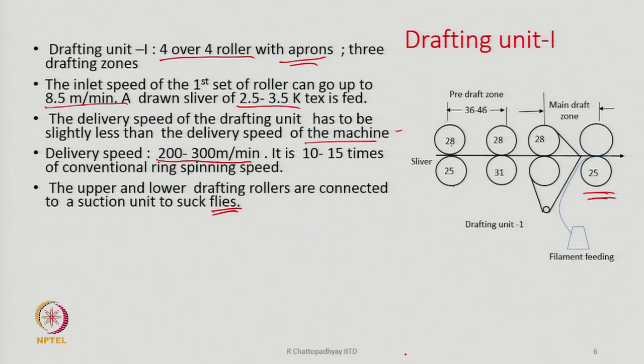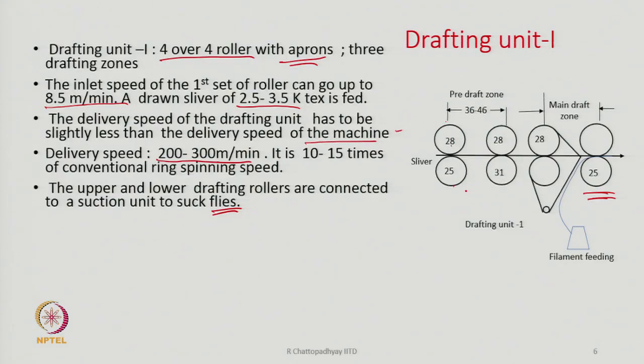As a result, there will be some disturbance to the flow of fibers, which leads some fibers to move away from the main flow, and they become kind of fly, and we have to suck the fly immediately. Otherwise, these flies will contaminate the surrounding atmosphere. So, therefore, we have to quickly suck them, and hence we need to have an actual suction system there.